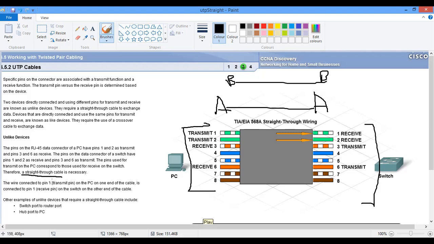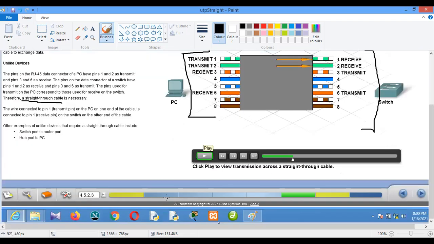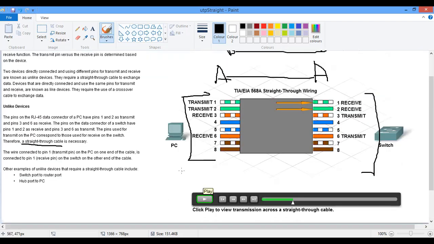And where should I use a straight through cable? It is when I want to connect unlike devices, devices that are not similar in their electronics configuration.